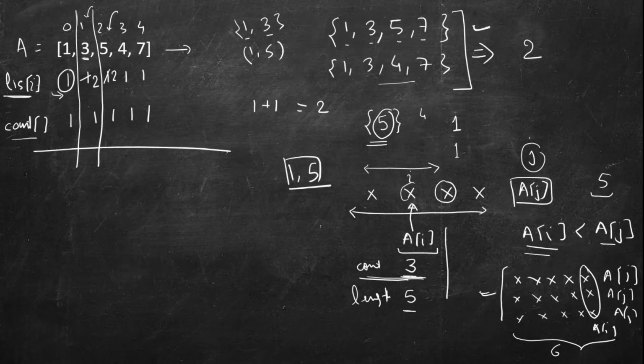Next we come to 3. We see that its length is 2, the longest subsequence ending at 3, and which was 1, 3. So we can append 5 here and we will get a better solution. So now it becomes 3. We got a subsequence of length 3, 1, 3, 5, and count will still be 1. Next we come to 4.